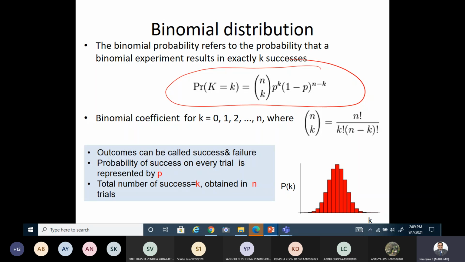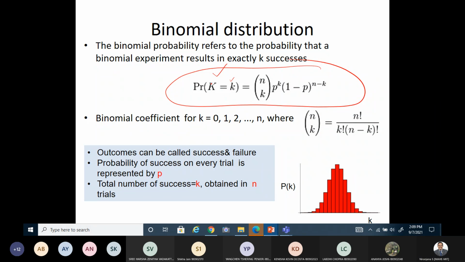You may be saying probability of getting k success when there are n trials. Okay, where k success can have a variable value such as k is equal to 1 or k is equal to 2.